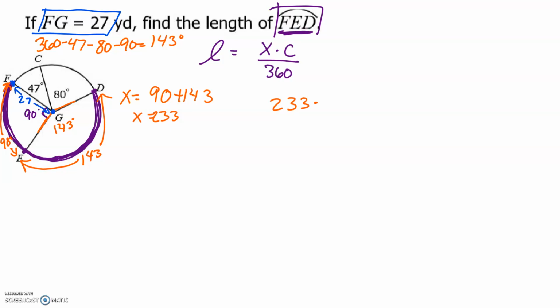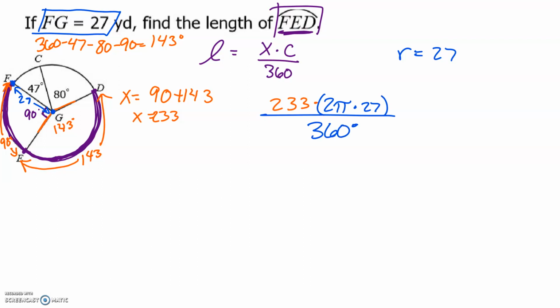But in this case, the circumference is 2 pi r, because our radius equals 27. So 2 pi times the radius, which is 27. Too many parentheses. Let's try that again. All divided by 360 degrees. 360 degrees is not going to change. You're going to be working with a circle.